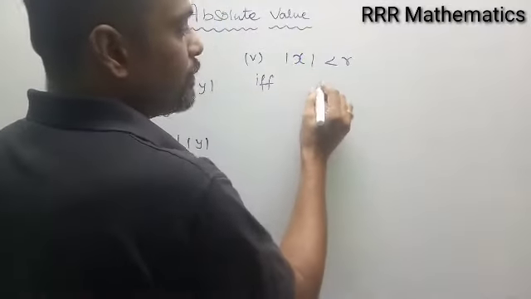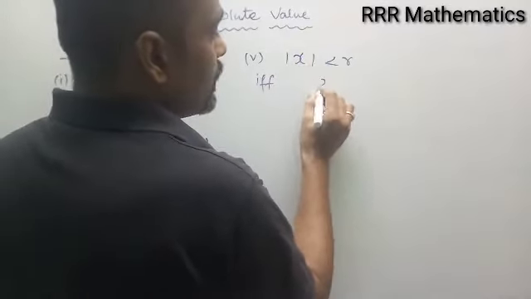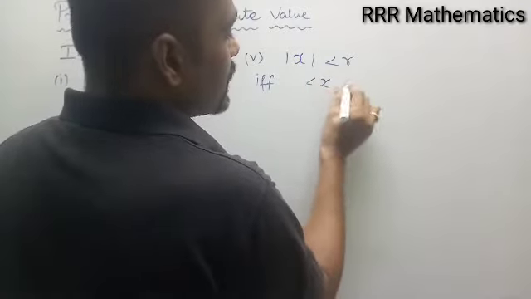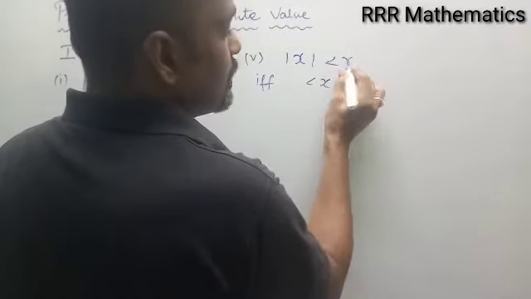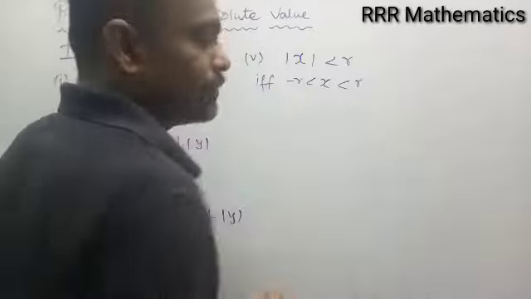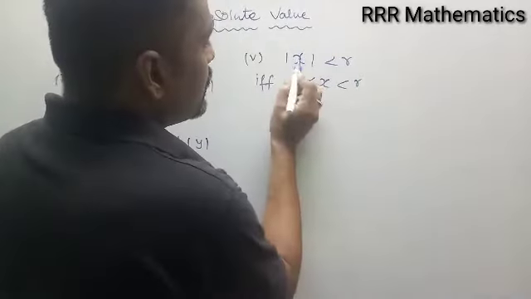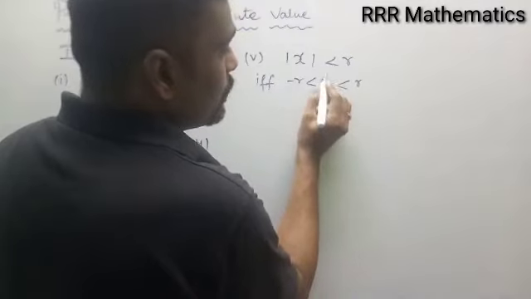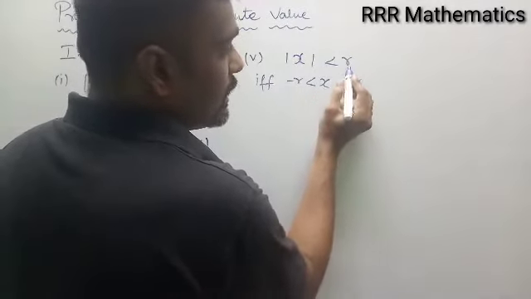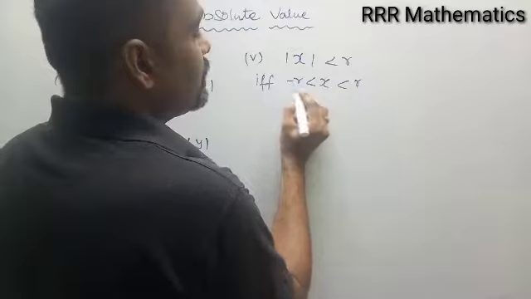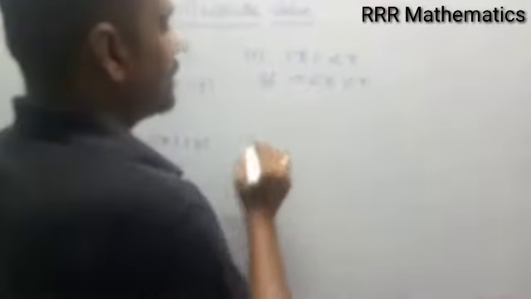Mod x less than r if and only if x lies between, the same sign will come here and here, negative to positive. If mod x is less than r, then write inside the modulus x, put the same sign this side and this side. What is it? r. So put the negative sign and positive sign here.